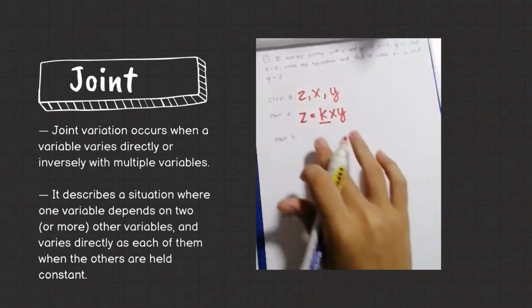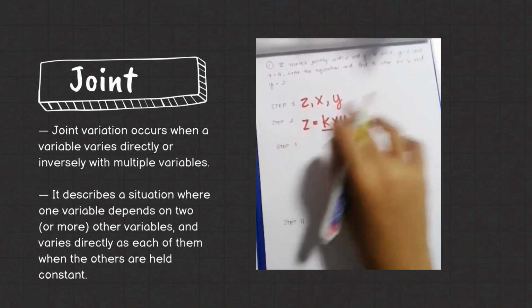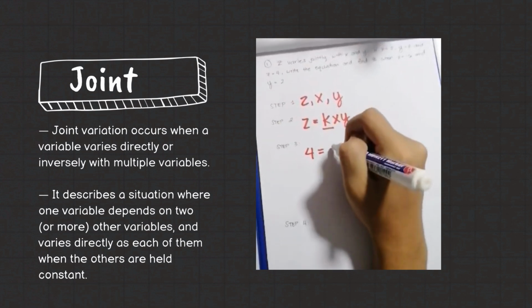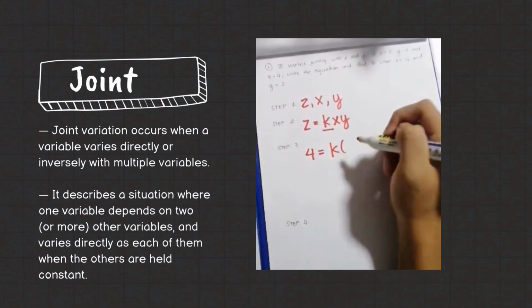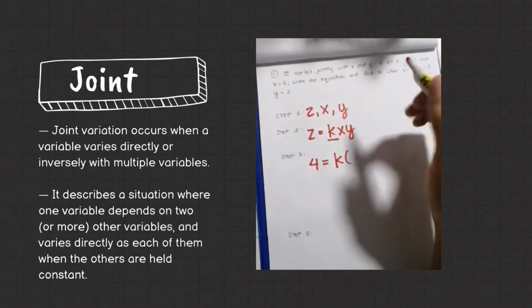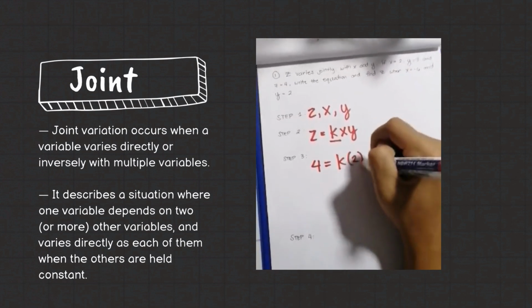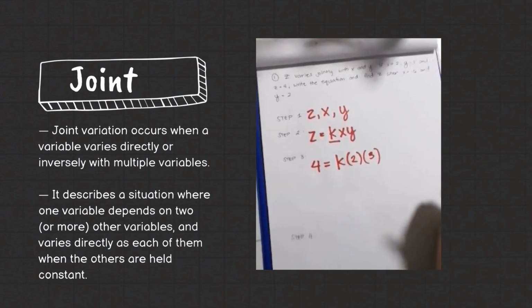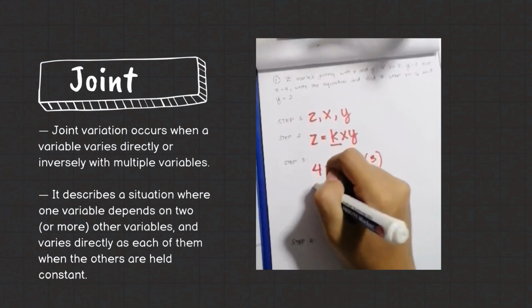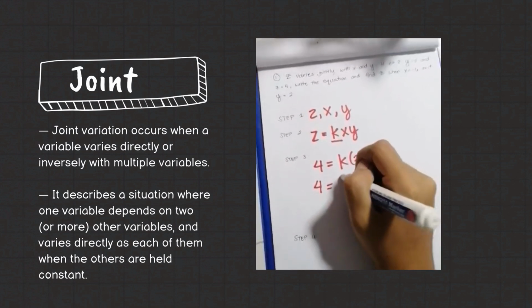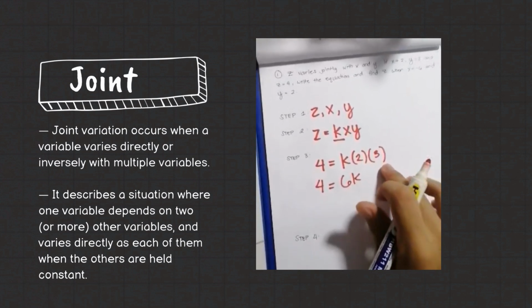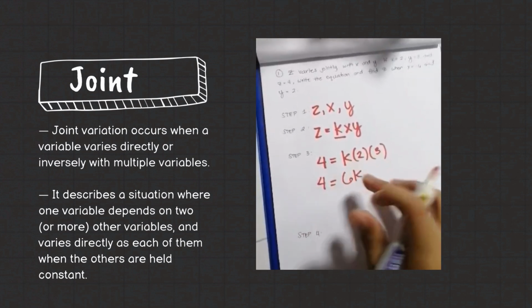Now for step number 3, we need to find the constant term, the letter k. We'll just substitute the z, which is 4, equals k multiplied by 2 and multiplied by 3, which is the y. So this will be 4 equals 6k, since 2 times 3 is 6 and 6 times k is 6k.